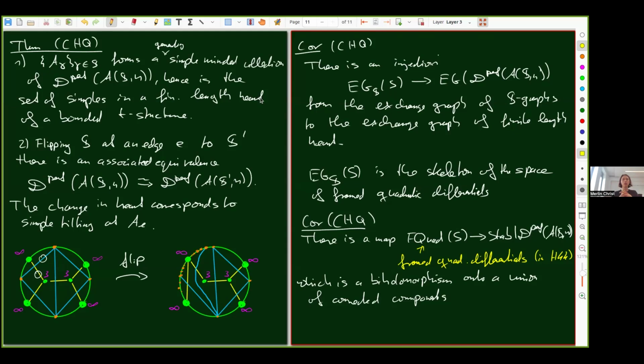I don't exactly know in which paper it is. But is it about Brauer graph algebras? It's about Brauer graph algebras. Ah, I see. Okay.